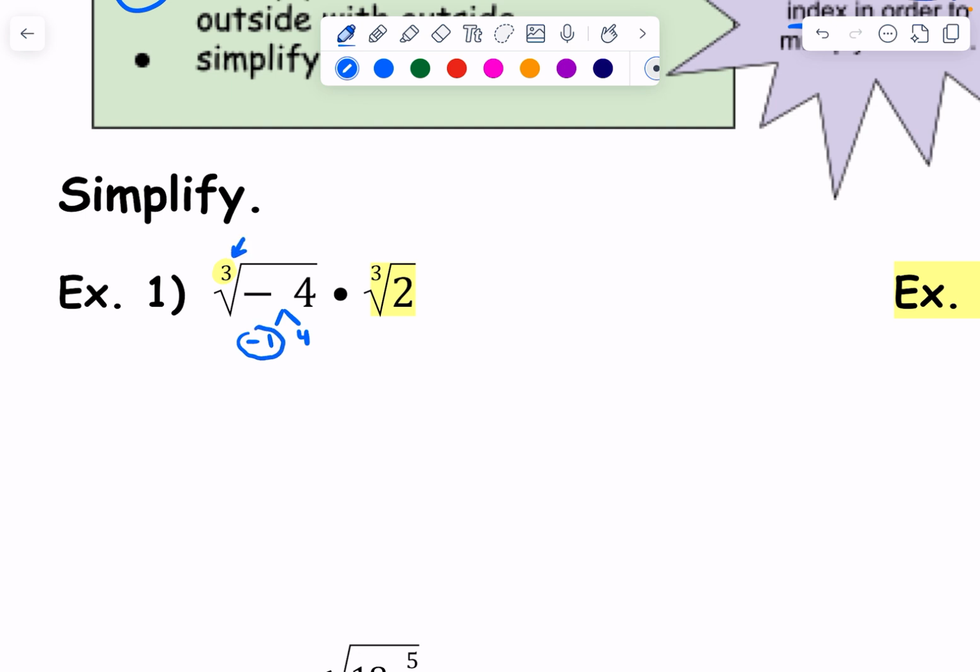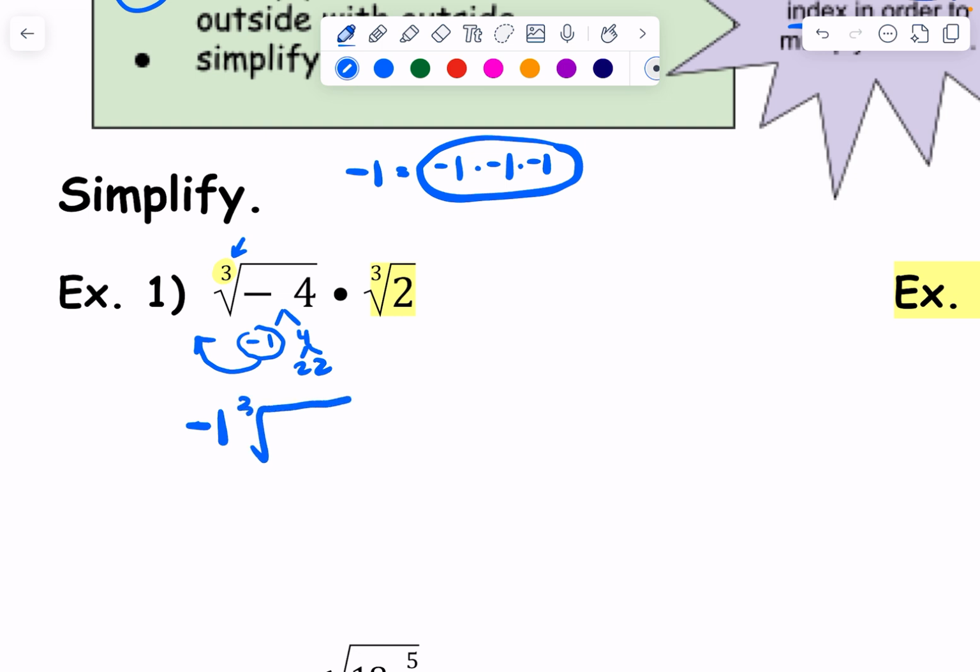It can't be in an even index, but an odd index it can, okay? So under here, we'll have a -1 coming out. And the reason is because -1 is made by a -1 times a -1 times a -1. So you can see how a -1 can come out. But we're not going to write that down every time. We're just going to take the -1 out. And nothing else can really come out in this one.